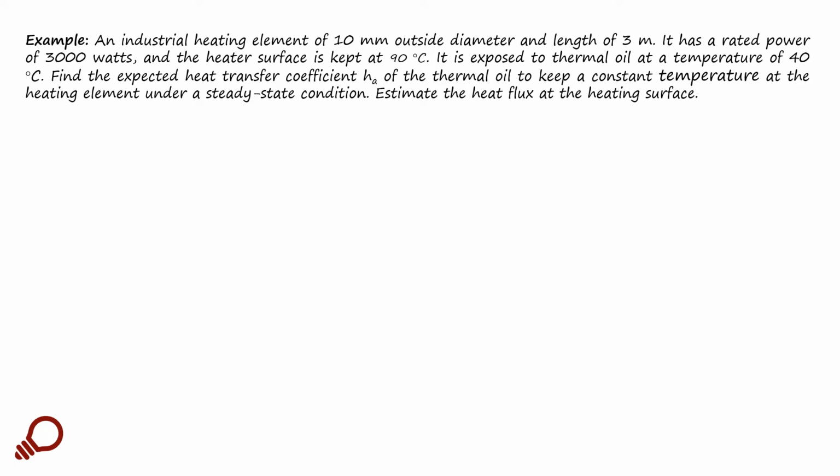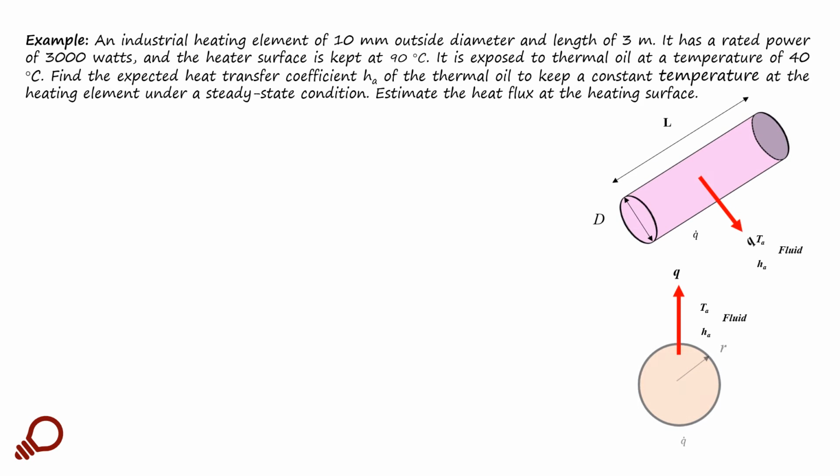Here we have an example with numerical values for a heating element, which has a diameter of 10 millimeters outside diameter with a length of 3 meters, and it has a rated power equal to 3000 watts, and the temperature of the heating element is kept at 90 degrees Celsius.